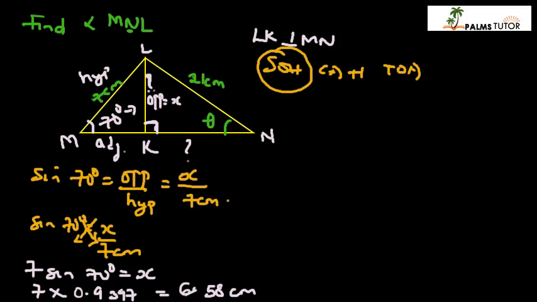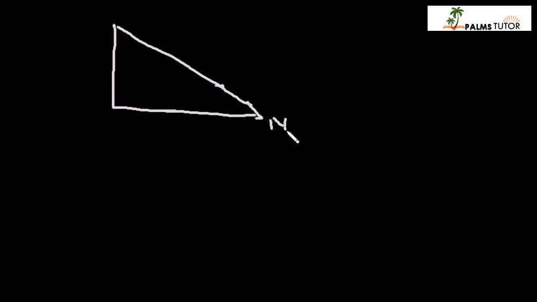So now that means we have a new triangle. Now that our X is known, here is L, we have K, right angle here. Our X now is known as 6.58 centimeter.